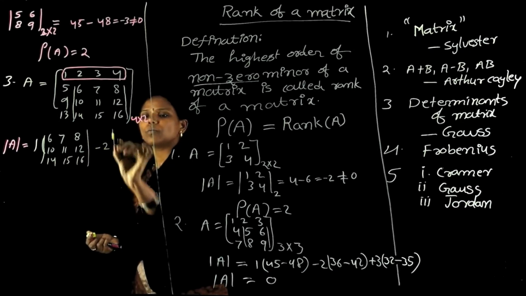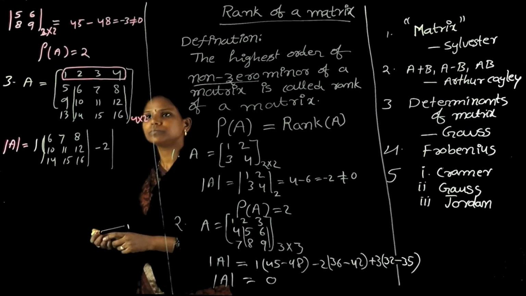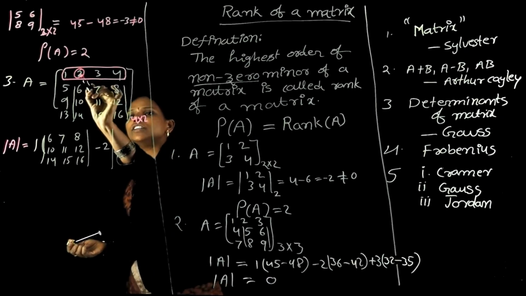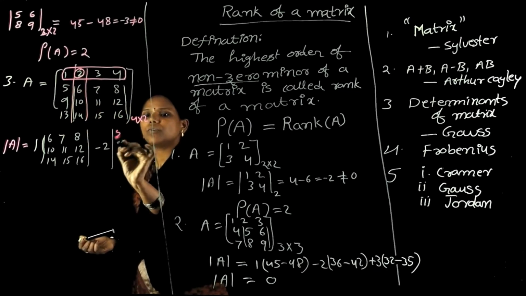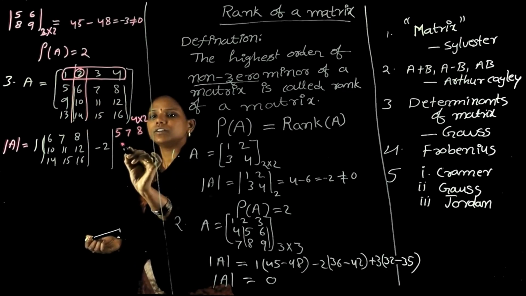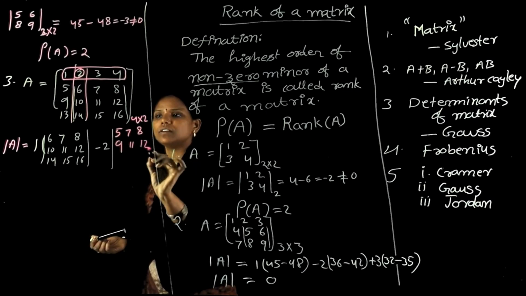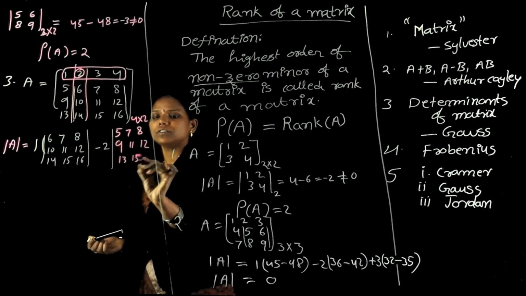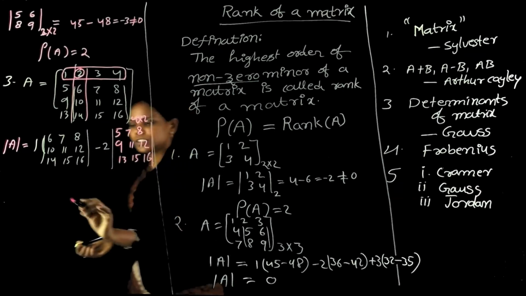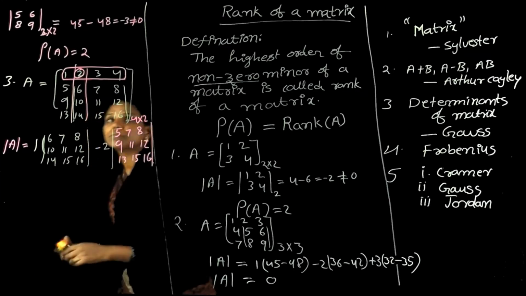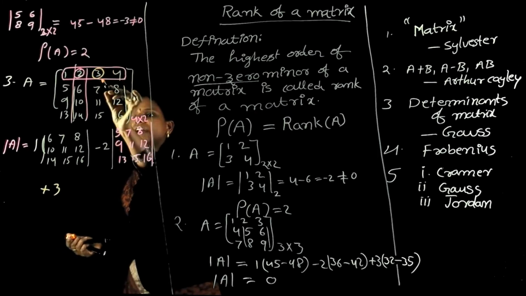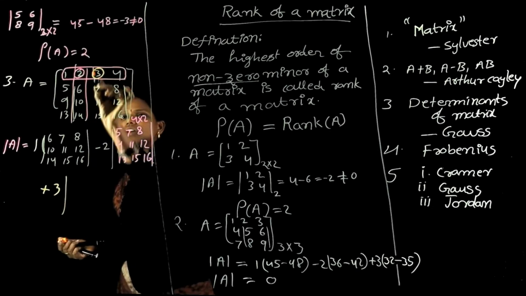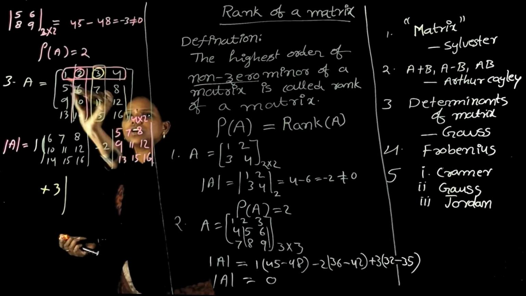Minus 2, and the minor of this 2: observe this 2, cut this column and cut this row. The remaining submatrix is 5, 7, 8, 9, 11, 12, 13, 15, 16. Plus 3, the minor of 3: cut this column, cut this row.